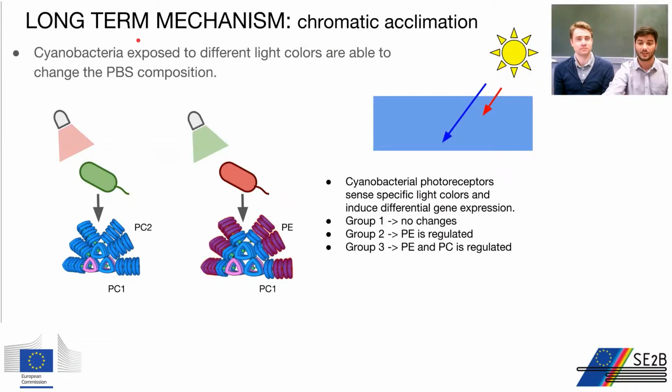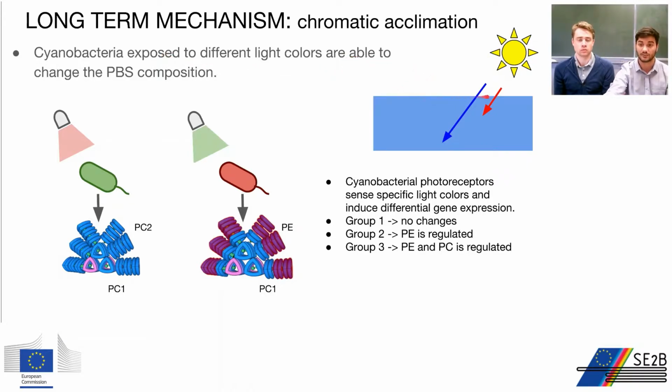Another long-term mechanism is the chromatic acclimation. Some cyanobacteria change the composition of the pigmentation of the phycobilisomes in response to the ambient light colors. This change is important because in oceans or lakes where usually you can find cyanobacteria, the light of different color penetrates the water in different ways.